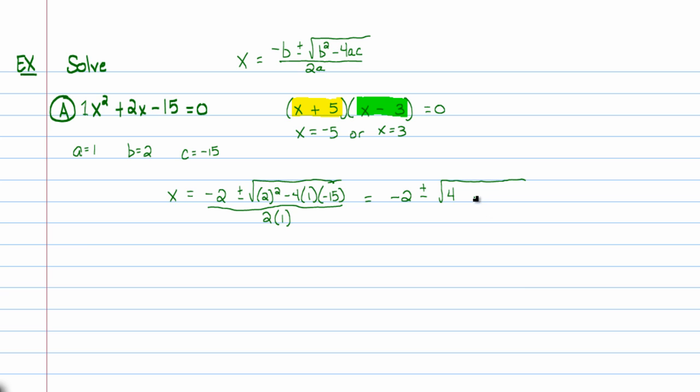So this will be 4 minus 4 times 1 times a negative 15, all over 2 times 1, so the denominator is just 2. Again, following the order of operations, you can hop inside the square root and make sure that you clean up the multiplication next. I have a negative 4 times 1 times a negative 15. That's going to be a positive 60.